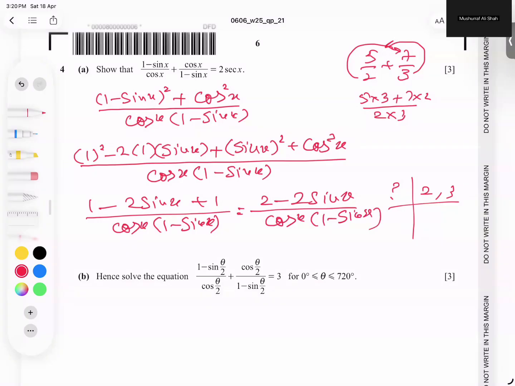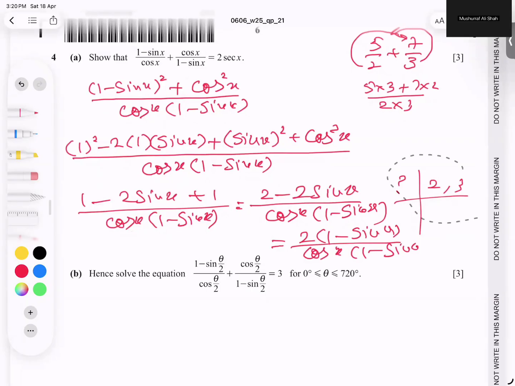Now I can take 2 common from the top. If I take 2 common, what is left inside? 1 minus sine, over cos into 1 minus sine, and 1 minus sine and 1 minus sine cancel out. So I can cancel this like this. And I got 2 over cos, and you know, 1 by cos is basically what?